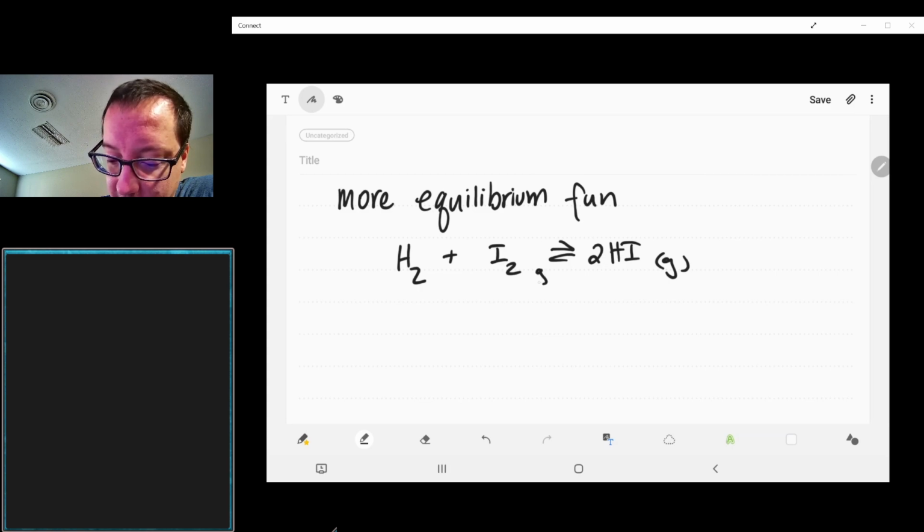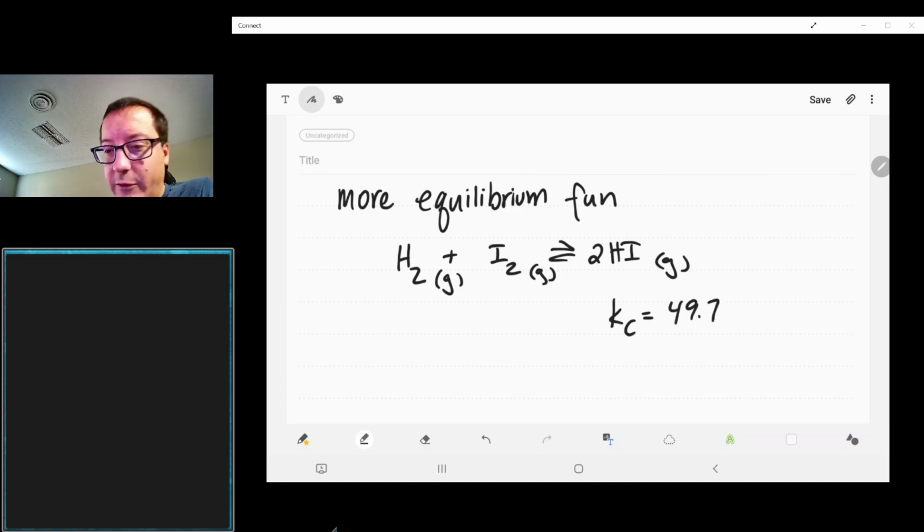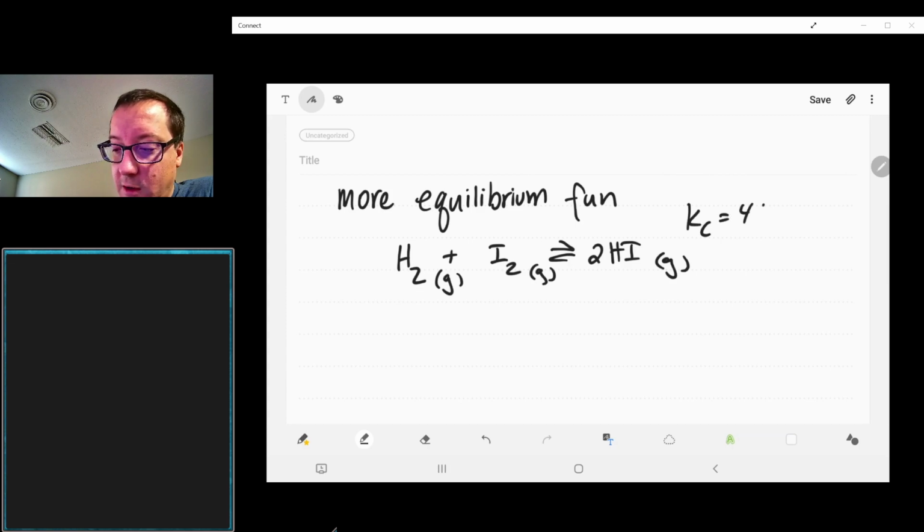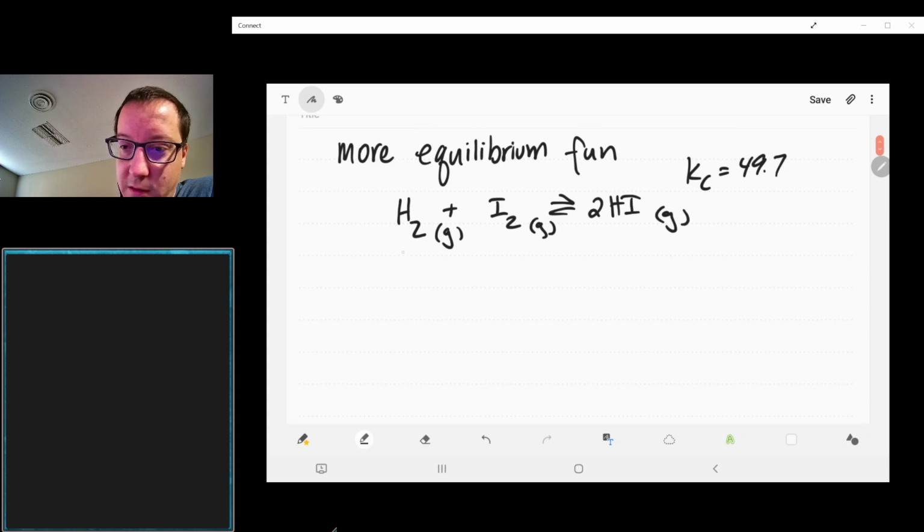Say all these are gases, and let's say that Kc is 49.7. Okay, and let's say we start with 1 molar of hydrogen and 2 molar of our iodine.